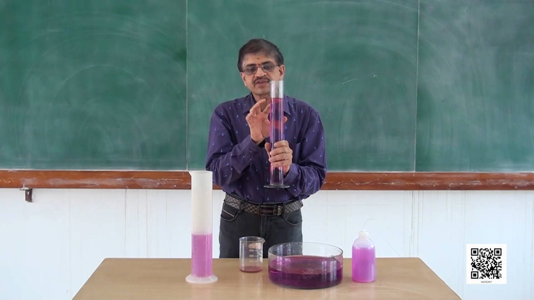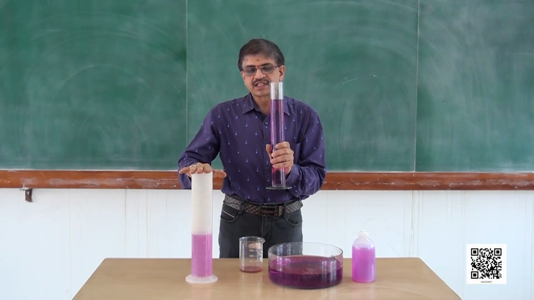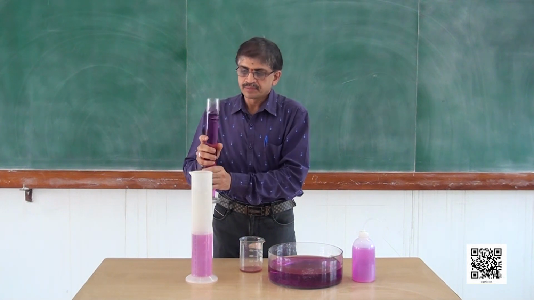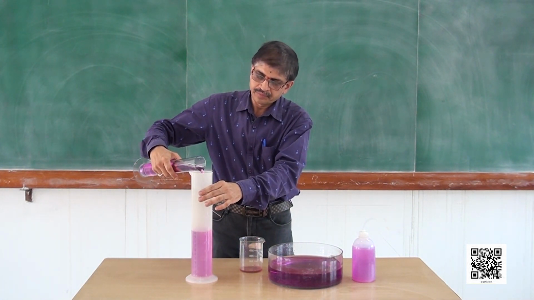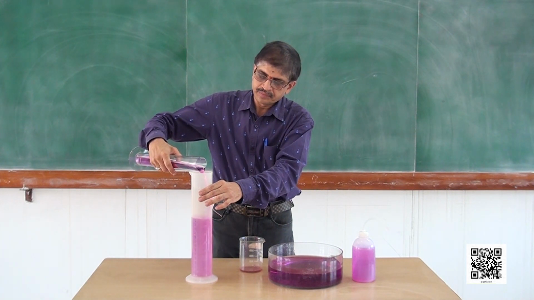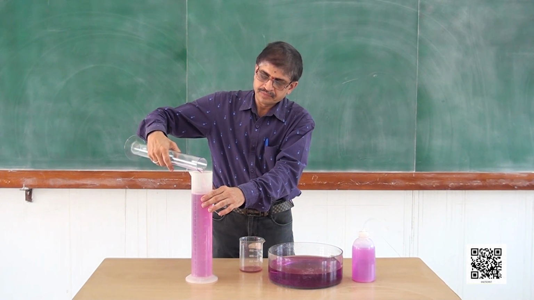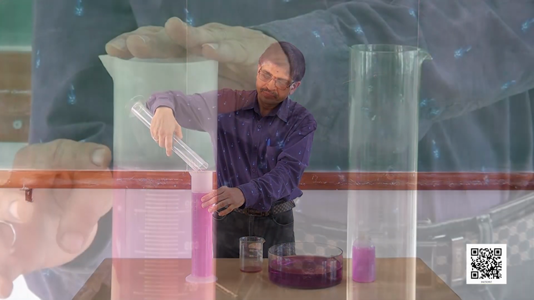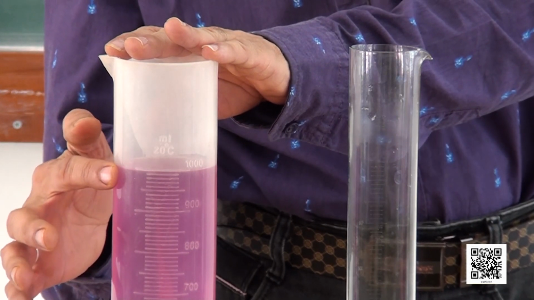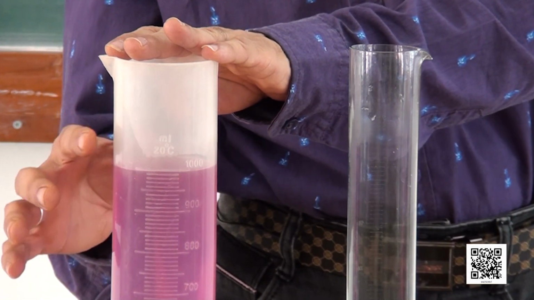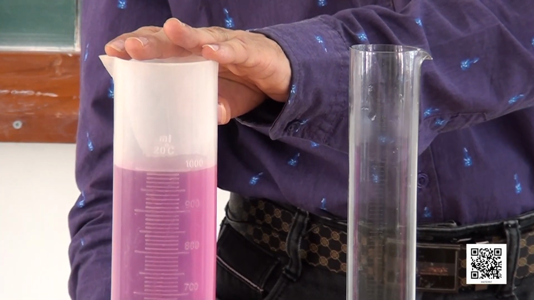Now, I transfer this water into this 1000 milliliters measuring cylinder. Water level in this measuring cylinder reached up to 1000 milliliters. So, volume of water in this measuring cylinder is 1000 milliliters.